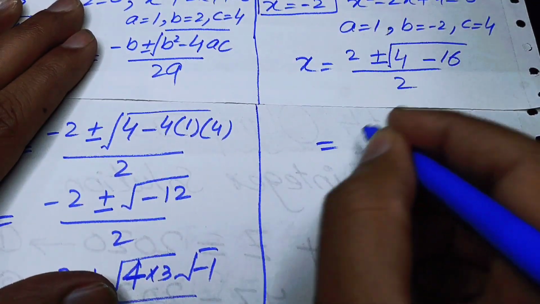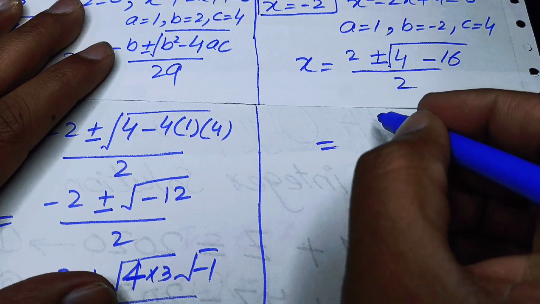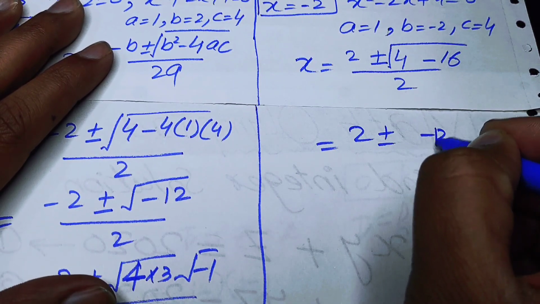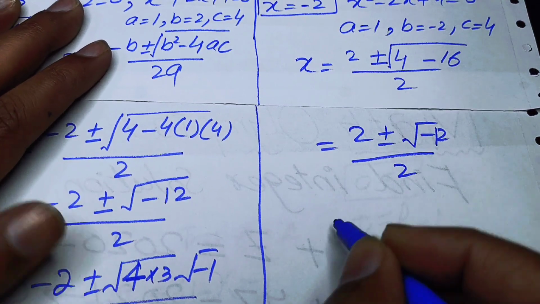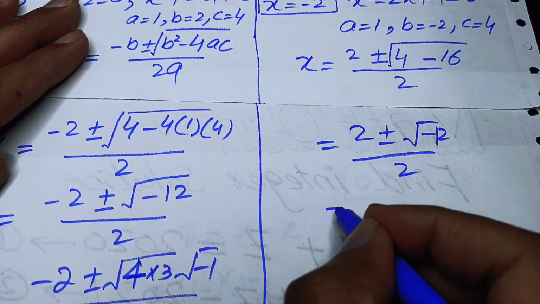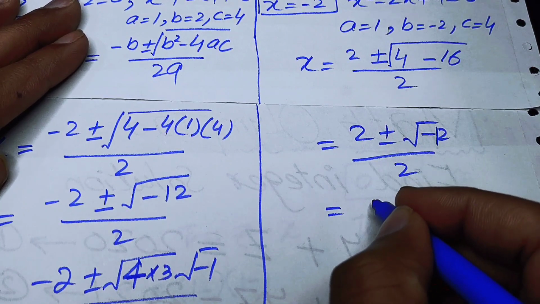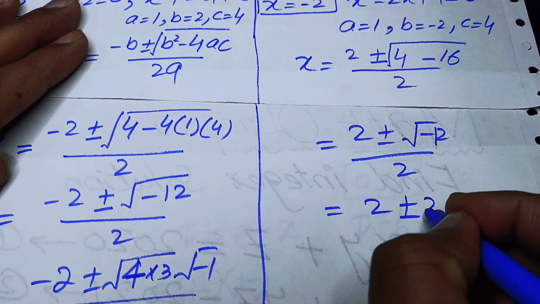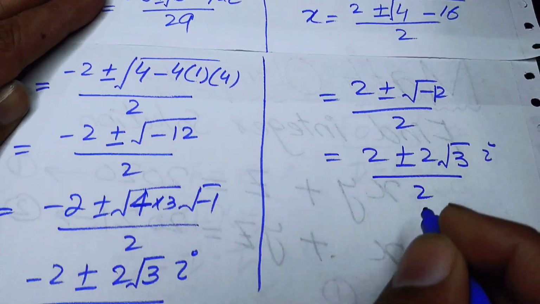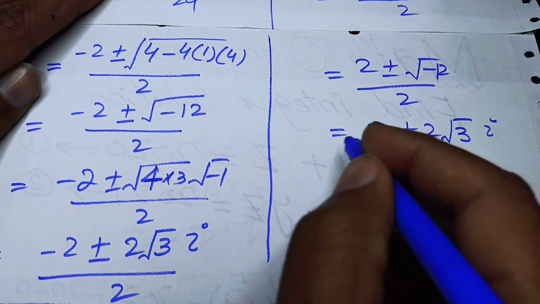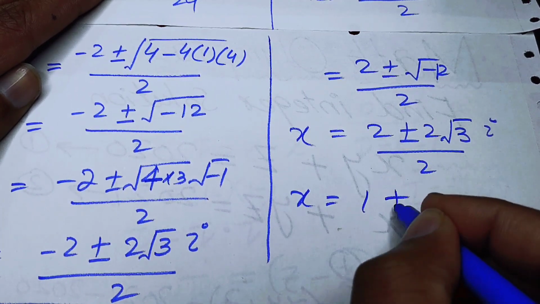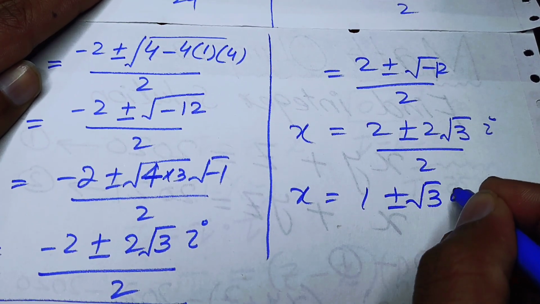Now you simplify this expression and you obtain 2 plus minus square root of minus 12, over 2, and the simplification is the same as in the first part. So you obtain 2 plus minus 2 times square root 3 iota, over 2, and when you separate both of the terms, you will obtain 1 plus minus square root 3 iota.